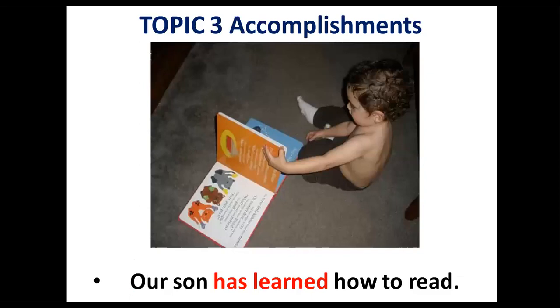Topic 3, accomplishments. Our son has learned to read. Our son has learned to read, as you see here. Of course, in the past, he couldn't read, but now he has just learned to read. He knew the principles of reading.